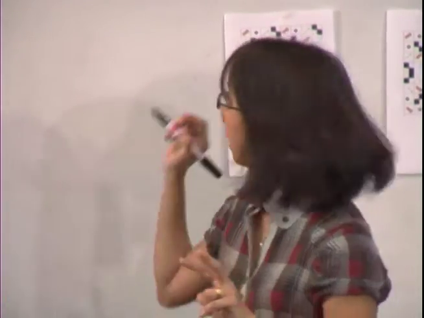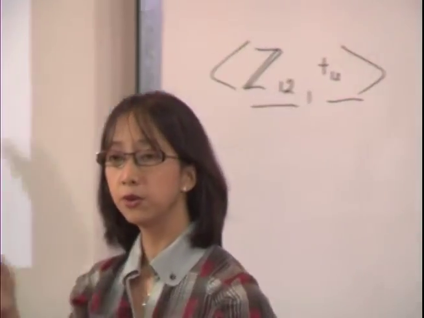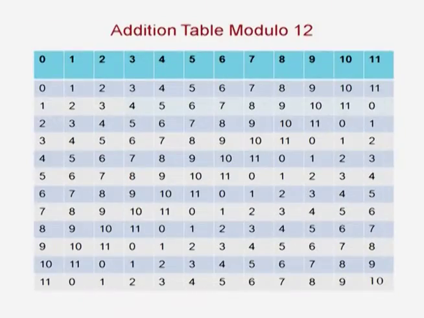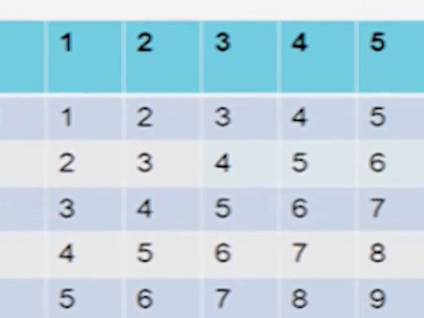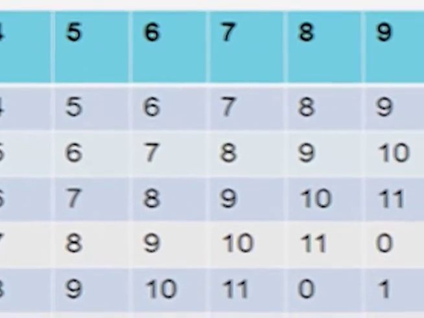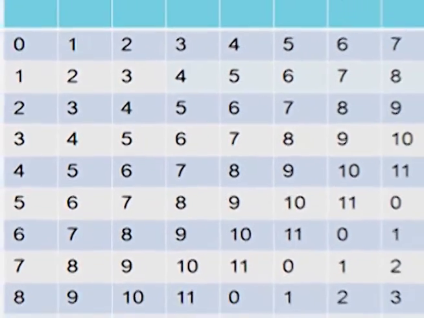Remember, we only add 2 elements at a time. And is our binary operation closed? Meaning, if you add any 2, are the sums part of the set? Look at this one. Are all the entries here part of the set that contains 0 to 11? Yes. Okay, so our operation here is closed.